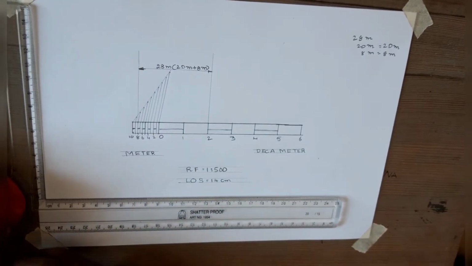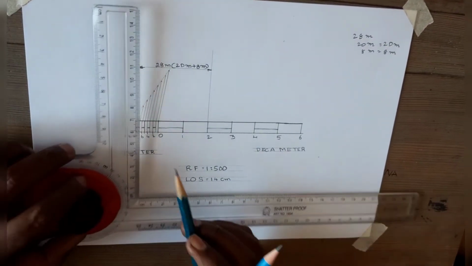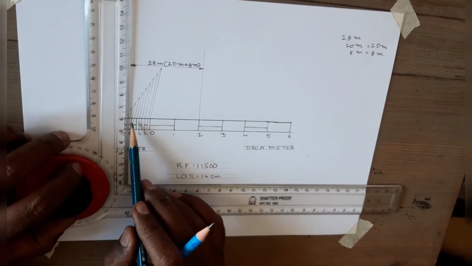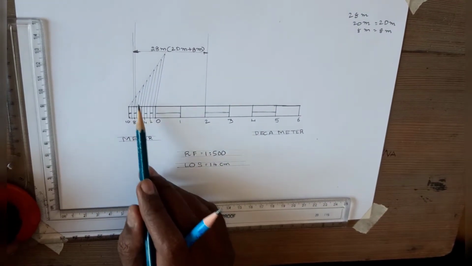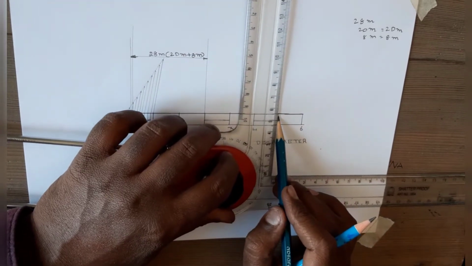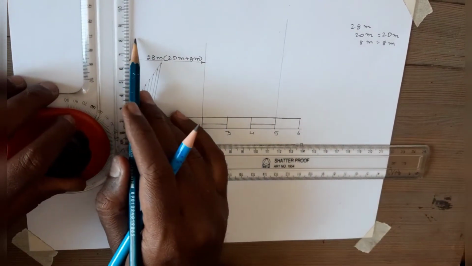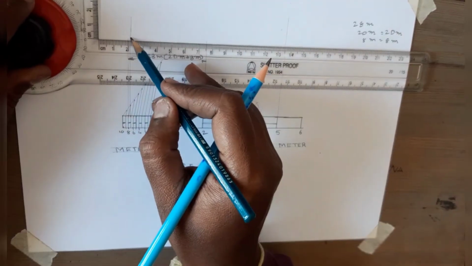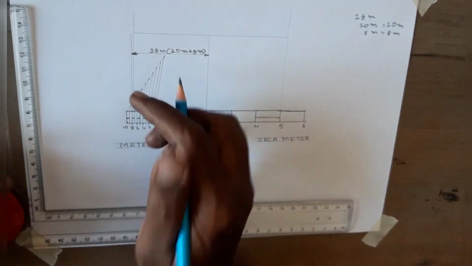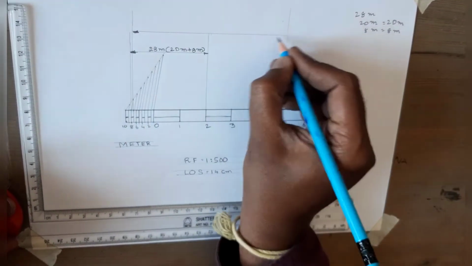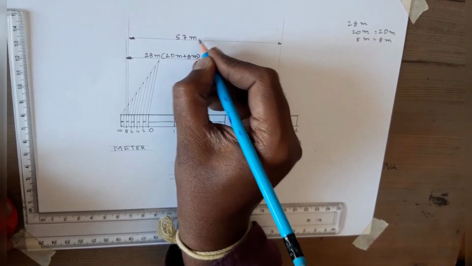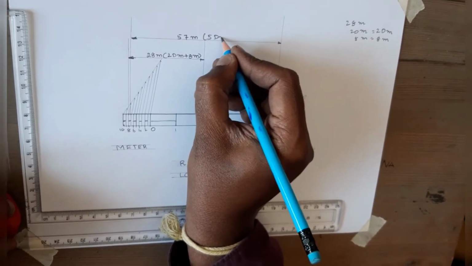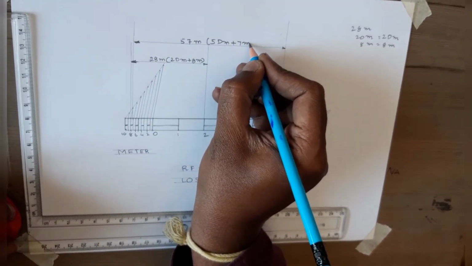Similarly, they ask for 57 meters. Here 7 is nothing but this. So this is 7 decameters, but you have to bring it up to 5. So this is going to become 57 meters. That is nothing but 5 decameters plus 7 meters.